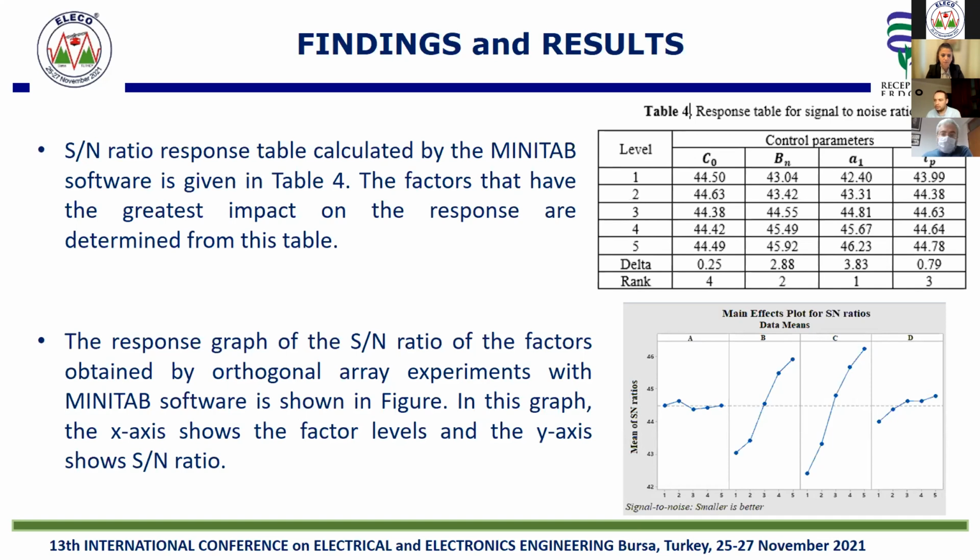The response graph of the SN ratio of the factors obtained by orthogonal array experiments with Minitab software is shown in the figure. In this graph, the x-axis shows the factor levels and the y-axis shows the SN ratio.